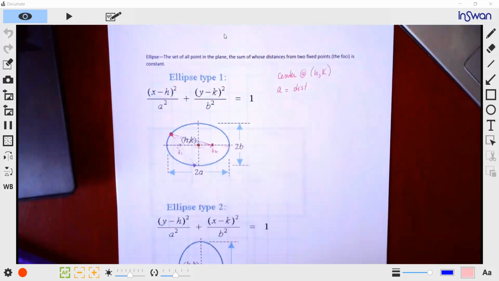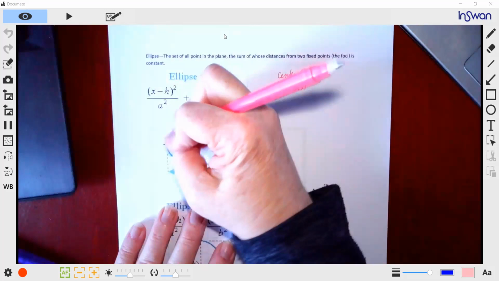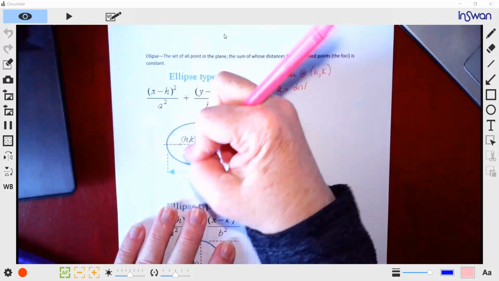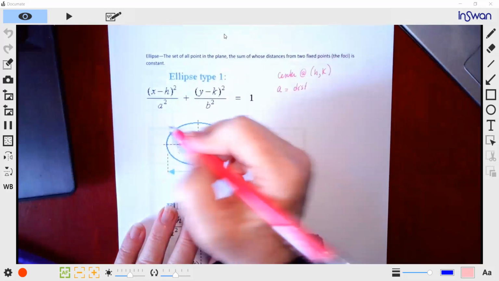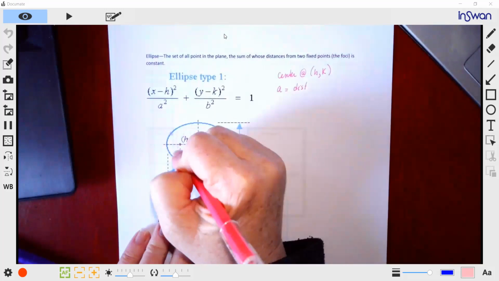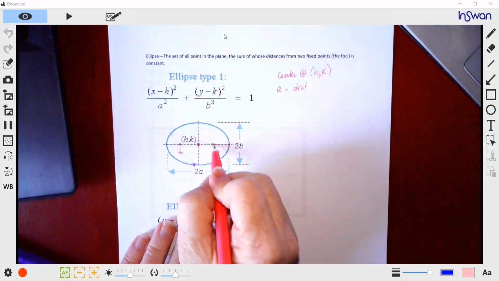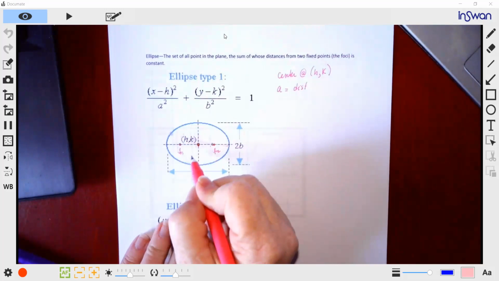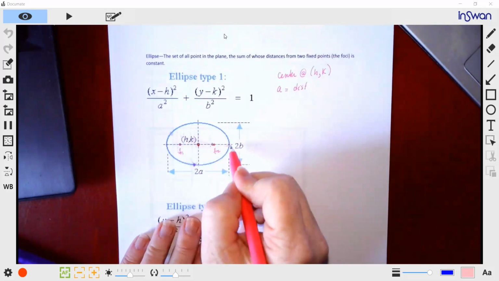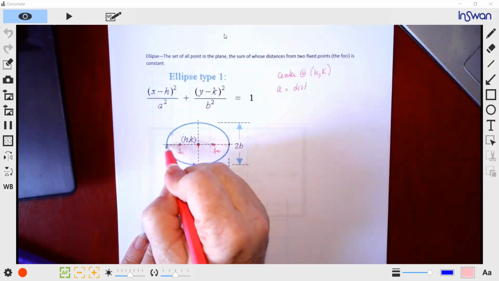Yes, could you repeat that one more time though? We do have beautiful symmetry. In other words, if you have a focus here and here, then the distance from this focus to center and the distance from this focus to center will be the same. And the distance from this focus to this end point and this focus to this end point will also be the same.